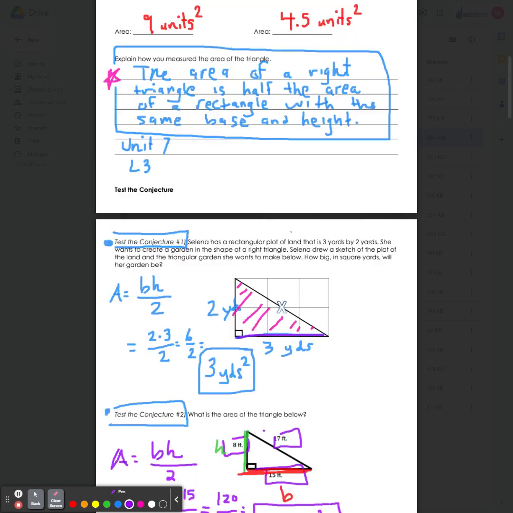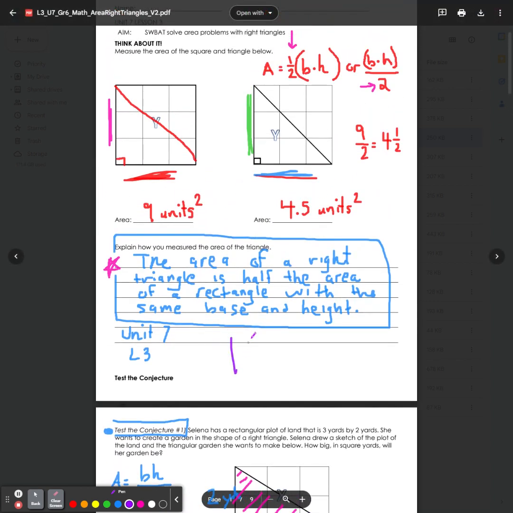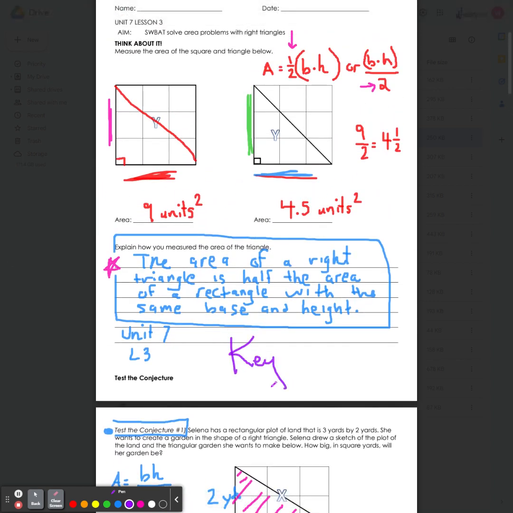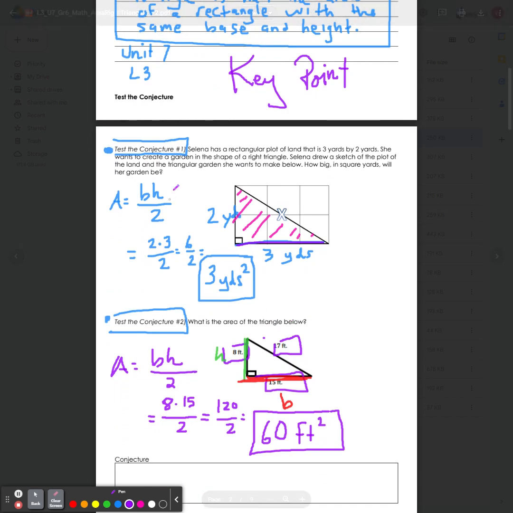So once again, to remember, what's our key point for today? Our key point for this lesson is that we can find the area of a right triangle because it is half the area of a rectangle with the same base and height. That formula would be base times height divided by 2, or 1/2 of your base times your height.